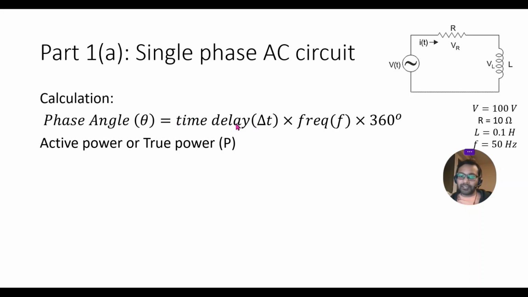From the Simulink, we were getting a time delay of 15 milliseconds, and the frequency we already know is 50 hertz, multiplied by 360 degrees. If you do the calculation, you would get around the same angle. The phase angle will be similar to what we have calculated.